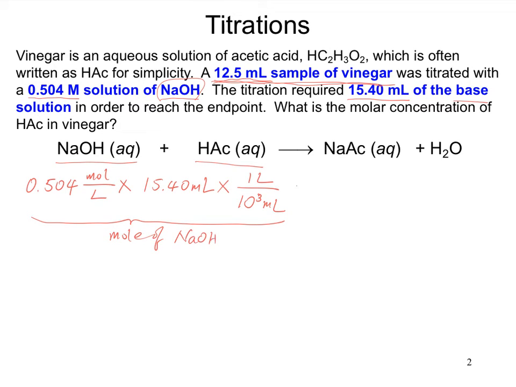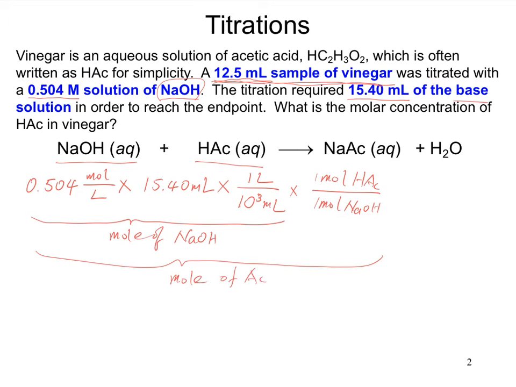We know that for every mole of base, sodium hydroxide corresponds to 1 mole of acid. Then we convert the mole number of base to the mole number of acid.